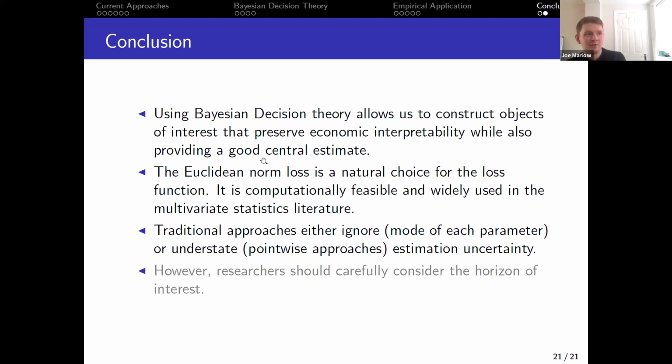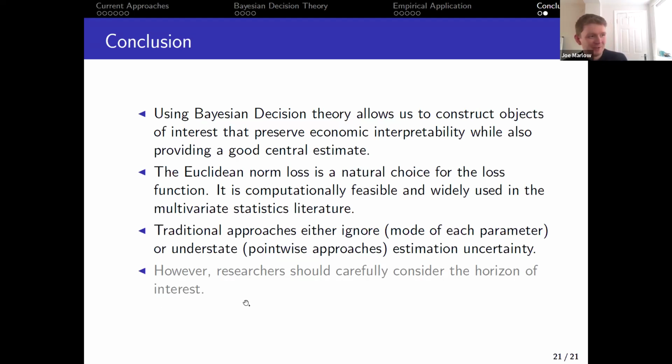And they allow us to preserve the economic structure of the model that we're taking to the data. The choice of loss function as the Euclidean norm allows us to generate a good measure of the central tendency for the joint distribution for the impulse responses. The advantage over the current approaches is that it's both computationally feasible and grounded in the multivariate statistics literature.